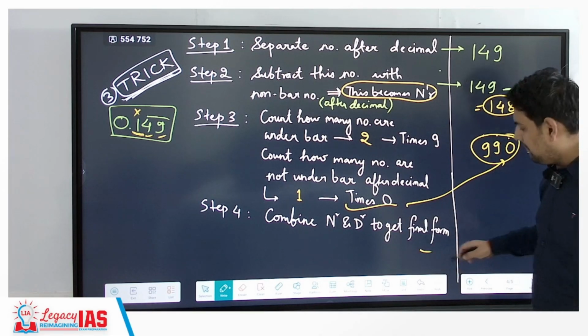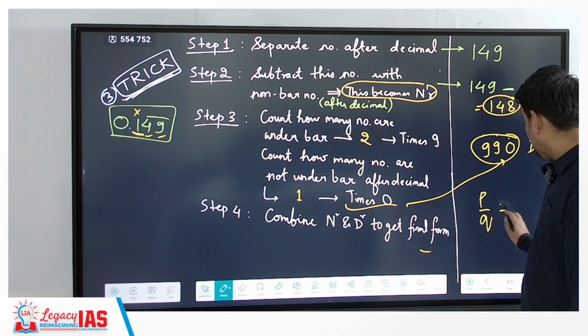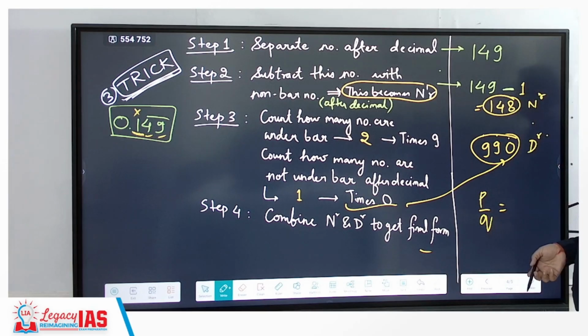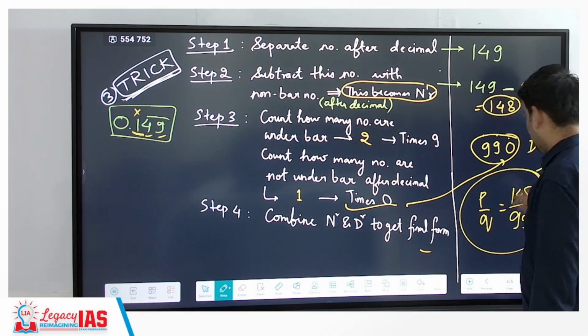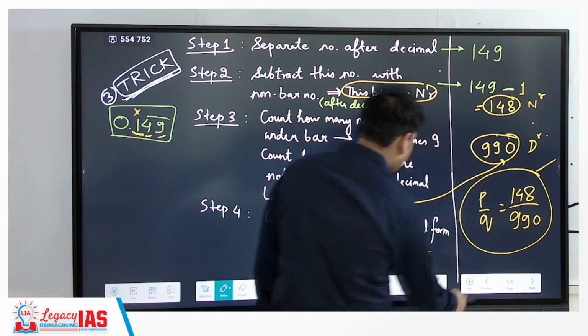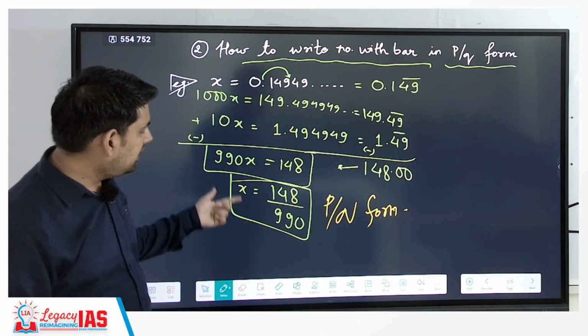Now you just combine both of them and you get the p by q form. This is what you needed, numerator and denominator. You have gotten both. So what does it become? Numerator is 148 and denominator is 990. Simple. Same answer you were getting here, 148 by 990.